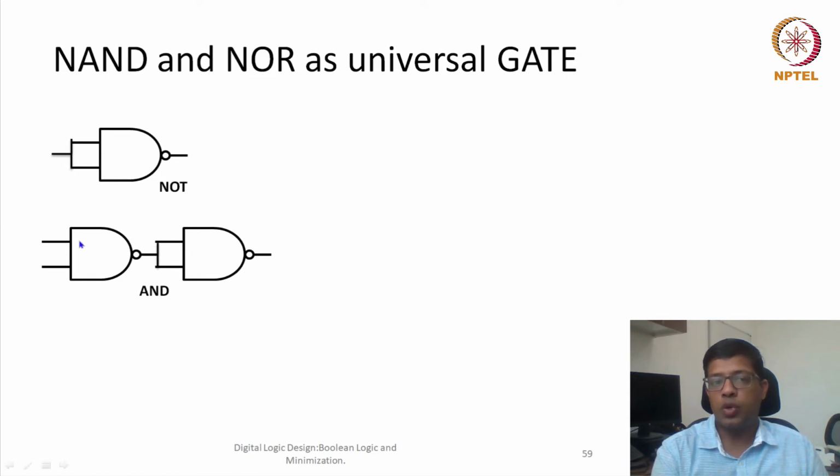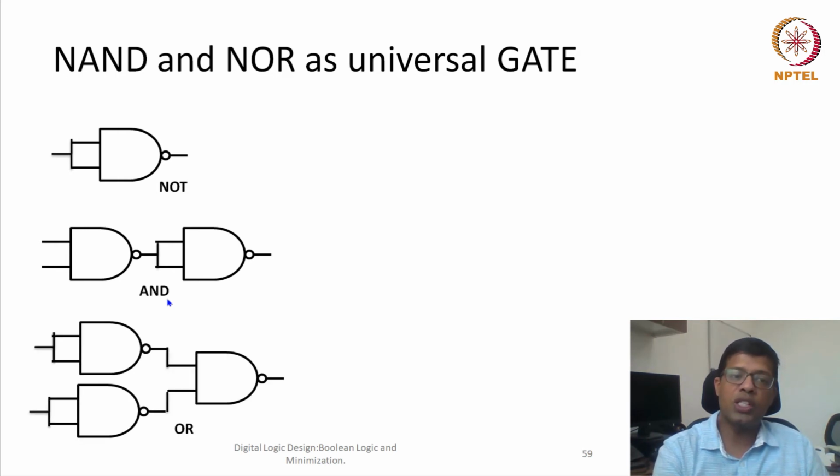Although I would require two NAND gates to represent one AND gate, it is possible, so we can construct an AND gate out of NAND gates. Like in our previous slide, we have seen a relation between OR and NAND gates. So using the same principle, we can also construct an OR gate out of the NAND gate.